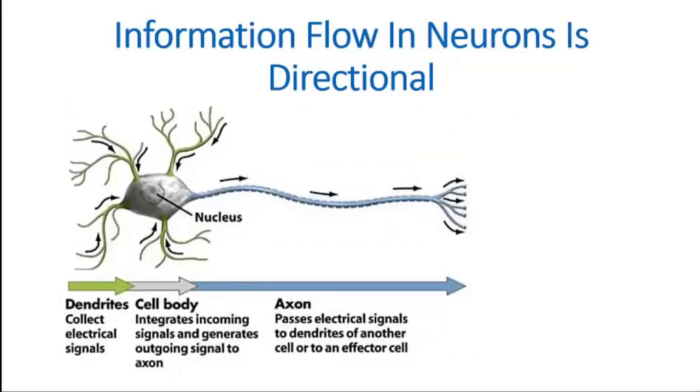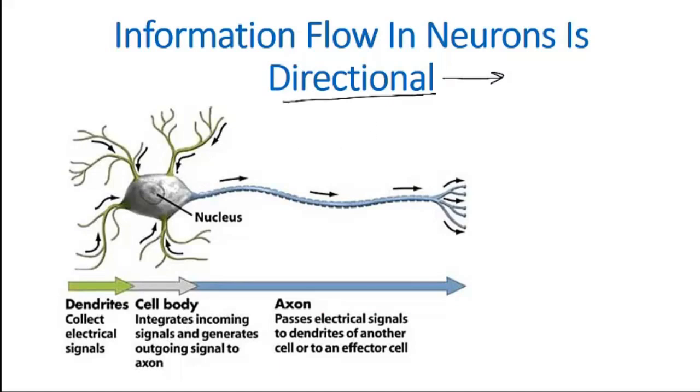Now if we look at the direction of the flow of this nerve impulse, you will see this is another feature of the nerve impulse and the whole nervous system, that it is directional. There should be a specific direction of the flow.